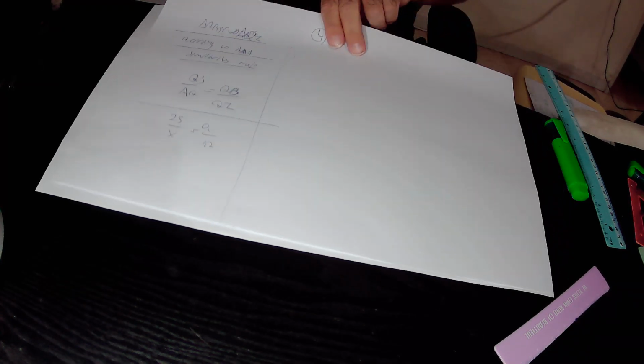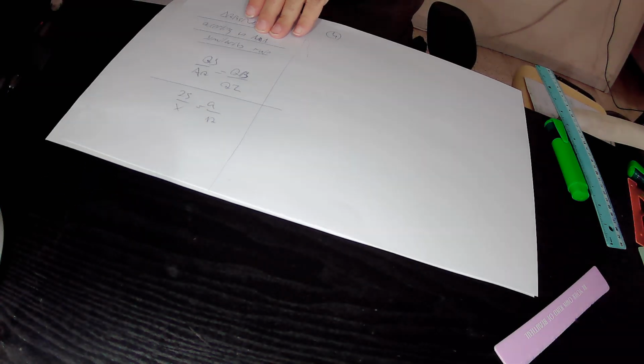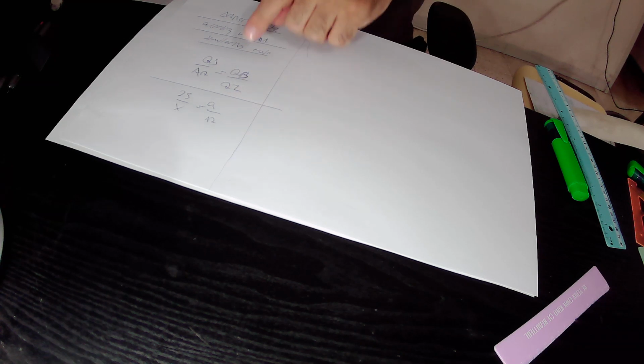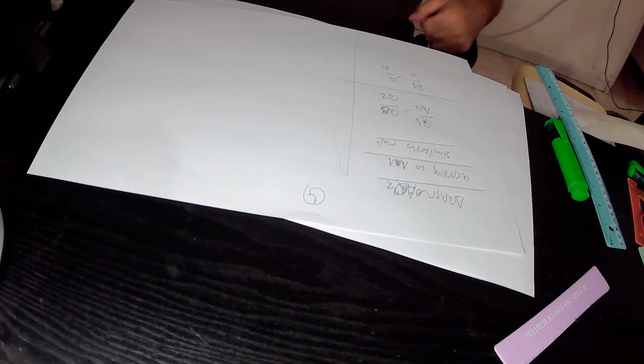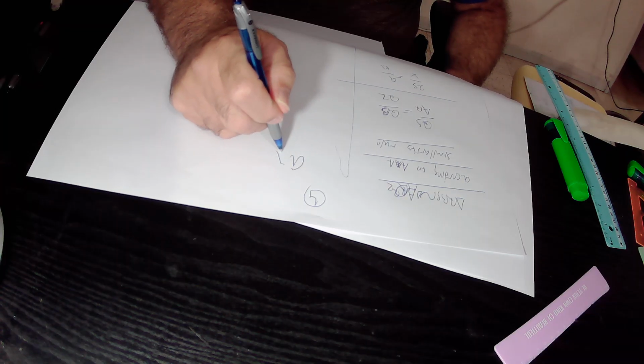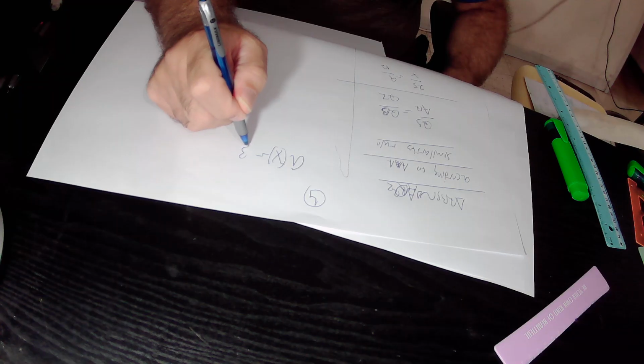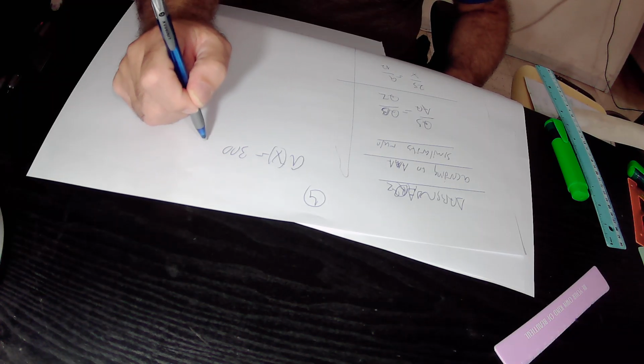And we found out that 25 over X equals A over 12. We cross multiply this equation and finally get that A times X equals 25 times 12, that is 300. So AX equals 300.